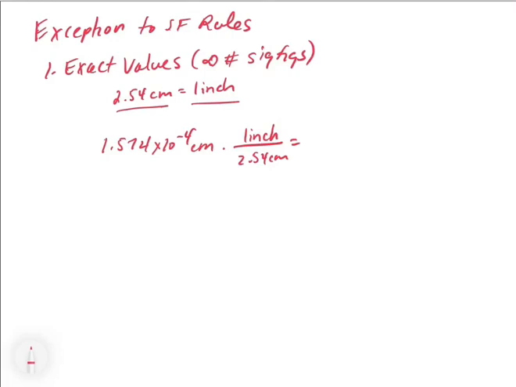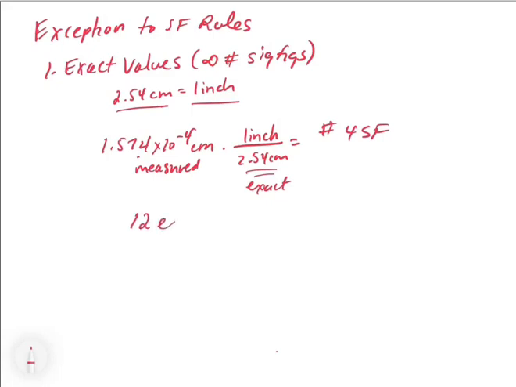Now, in this case, you might be tempted to use either 3 significant figures or just 1 significant figure based on this unit conversion, but you won't. Your answer here, you can calculate it, whatever it is. I don't know what the actual answer is, but the correct number of sig figs in the answer should be controlled by this number, which is measured. This is measured. This is exact. So this should have 4 sig figs in the answer.